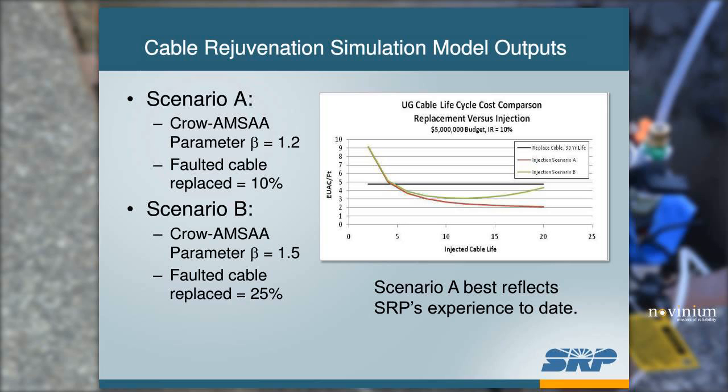Currently, at SRP, we have 15 years of injection under our belt. So a lot of our cable is between the 10 and 15-year mark, or older cable. And scenario A best reflects what we're currently seeing for our injected cable.